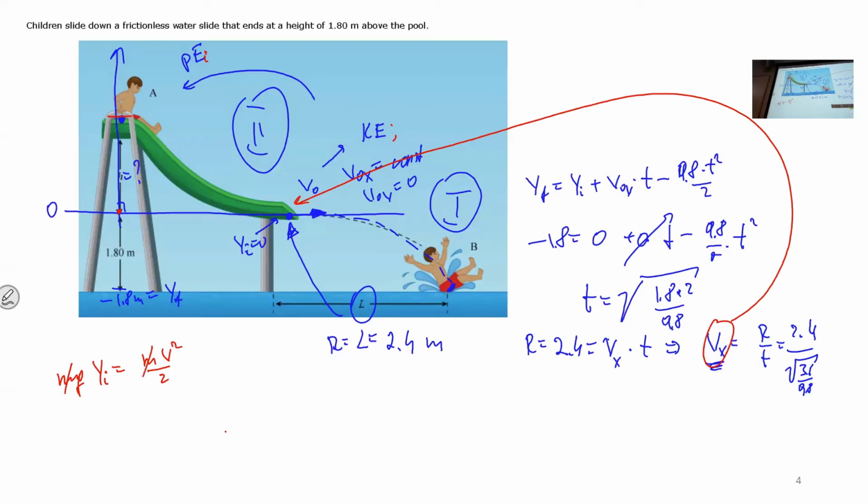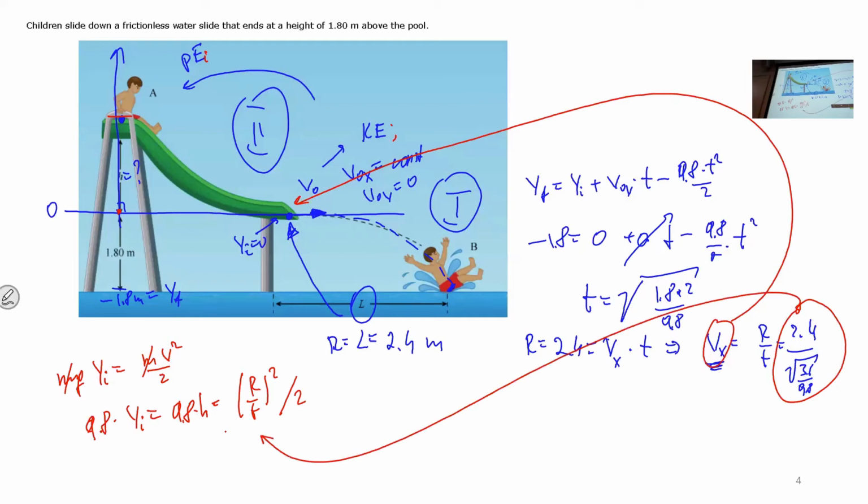M cancels, so 9.8 times y initial, which is what you're looking for, 9.8 times height will be equal to, well, that's range over time squared over 2. This is how you find it. This gives you the height. Okay, sounds good.